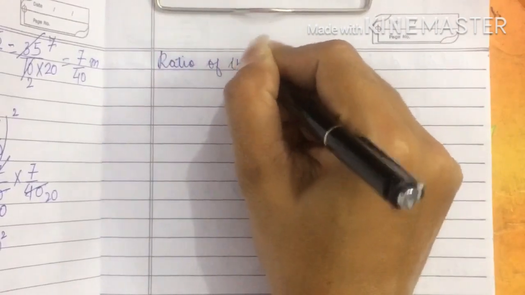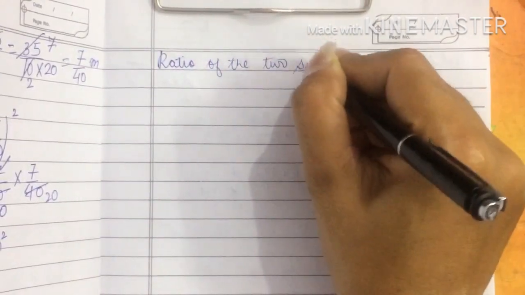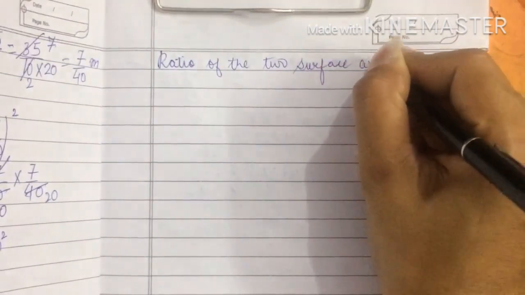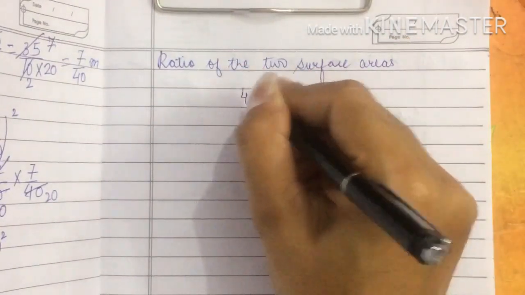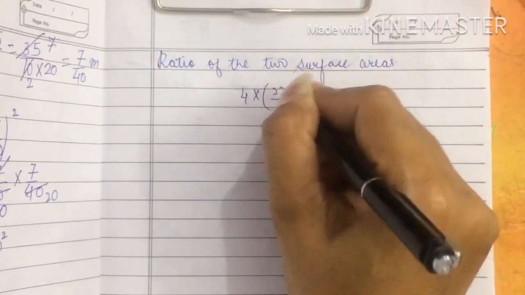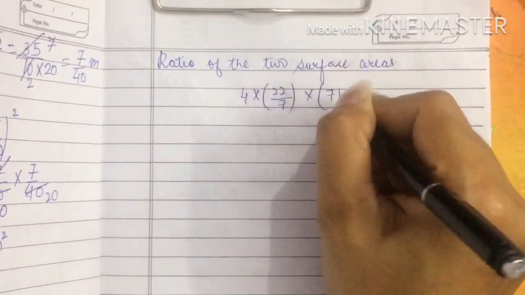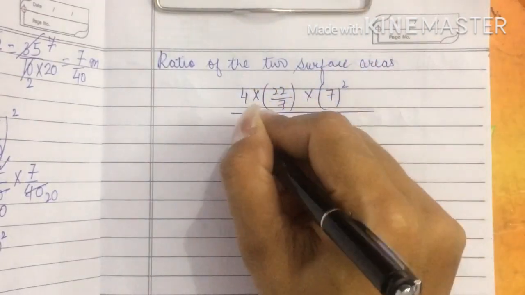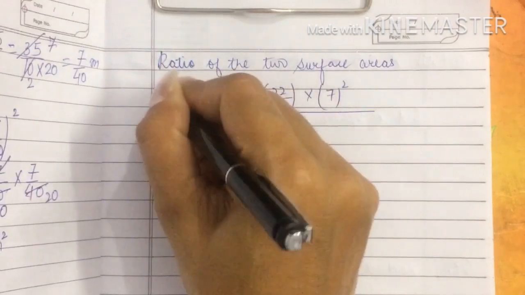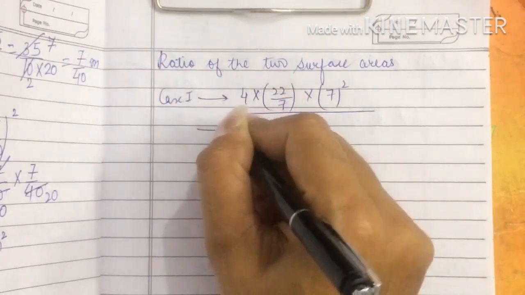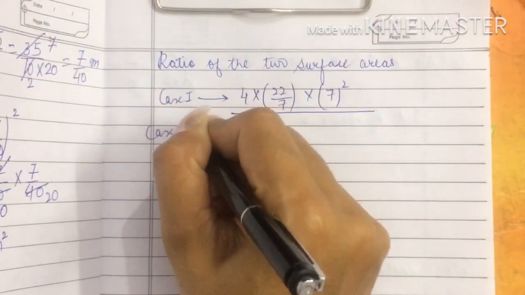Ratio of the two surface areas. So we have 4 into 22 by 7 into 7 square over 4. This is from case 1 and this one is from case 2.